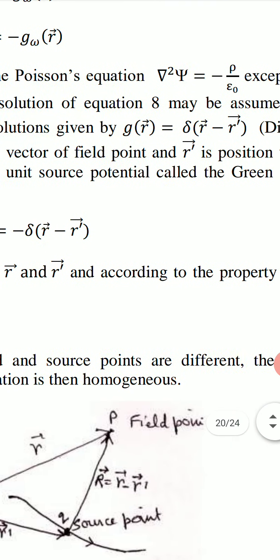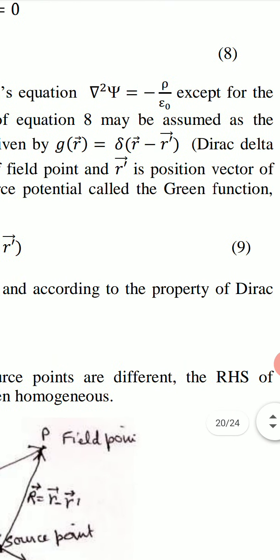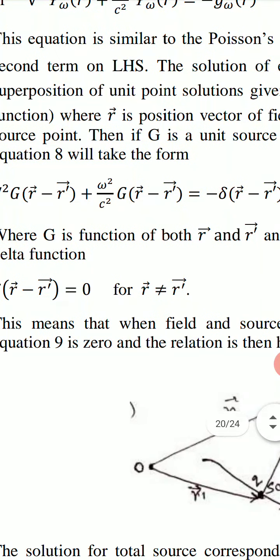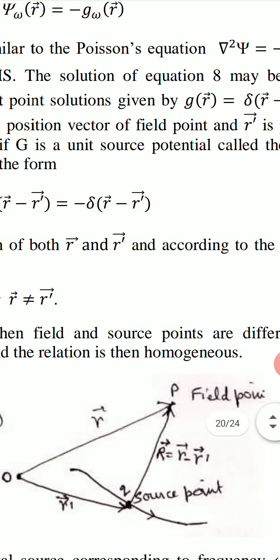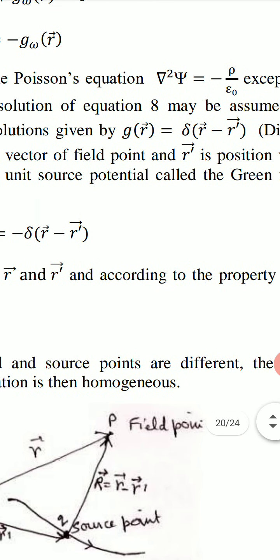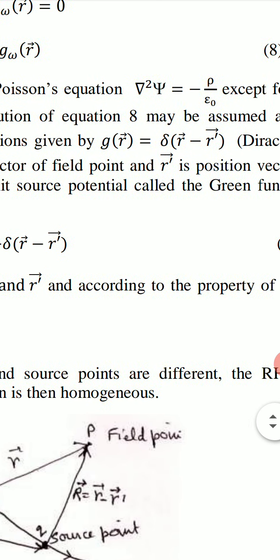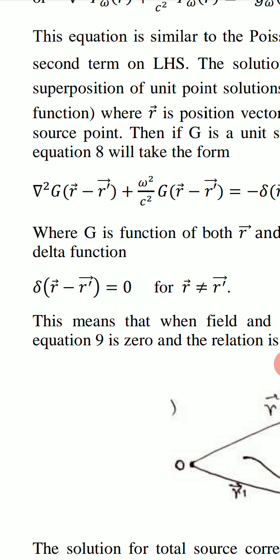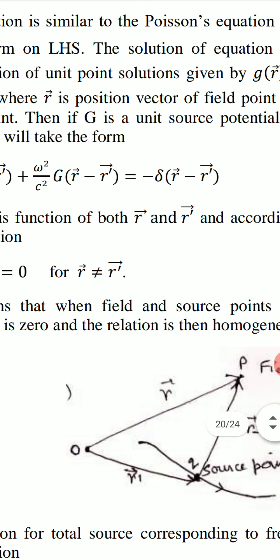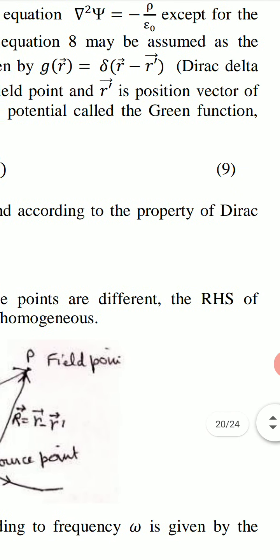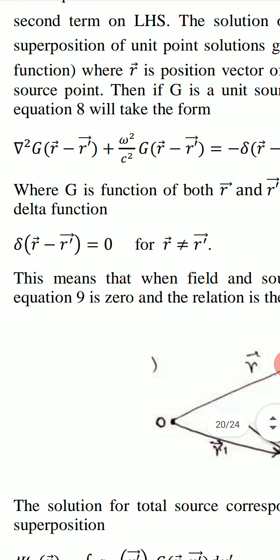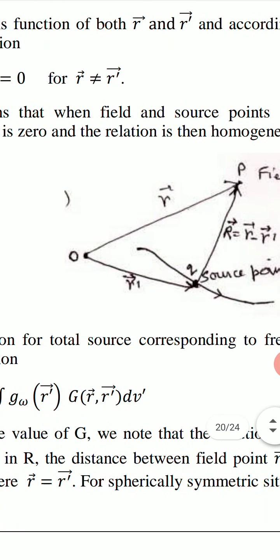Now the solution of this equation may be assumed as the superposition of unit point solutions given by g r equal to delta r minus r dash, that is Dirac delta function, where r is position vector of field point and r dash is position vector of source point. This is shown in this diagram.